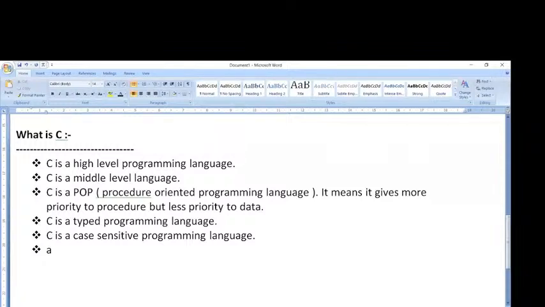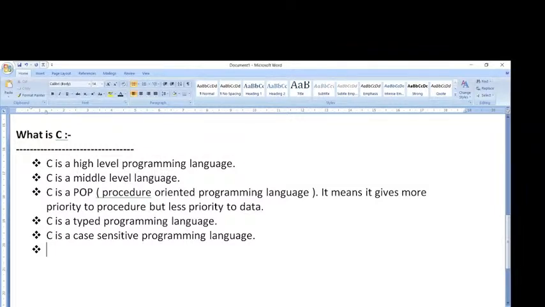It is A, it is also A, but one is capital A and the other is small a. If the computer considers capital A and small a as different, then it is called case sensitive. If the computer doesn't recognize them as different and feels both are the same, then it is case insensitive. So C is a case sensitive programming language.